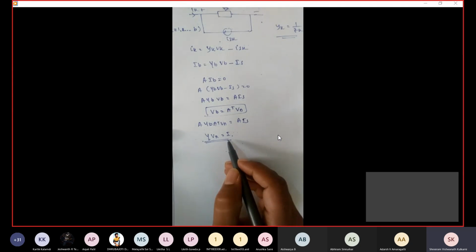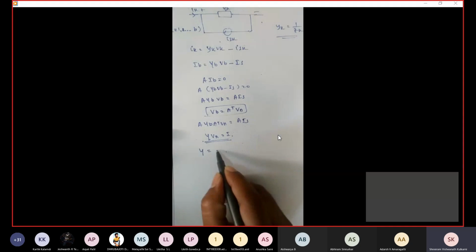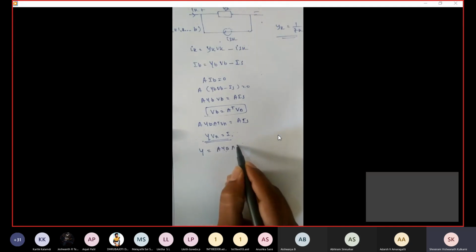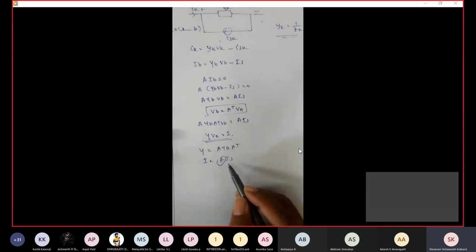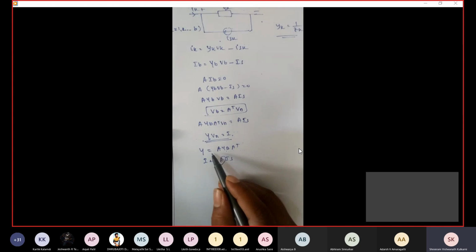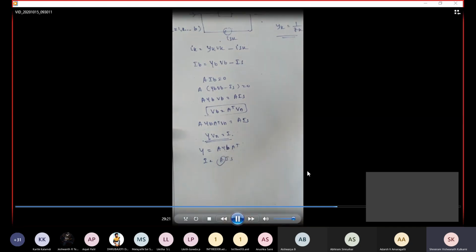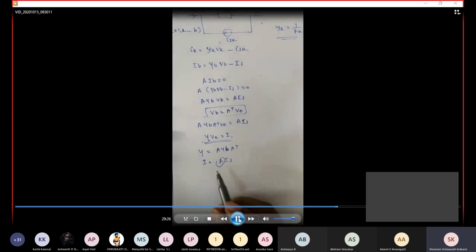Where Y equals A YB A transpose and I equals A into IS. Where A is my incidence matrix, A transpose is the transpose of that incidence matrix, YB is my admittance matrix. Now the matrix Y is called the admittance matrix.